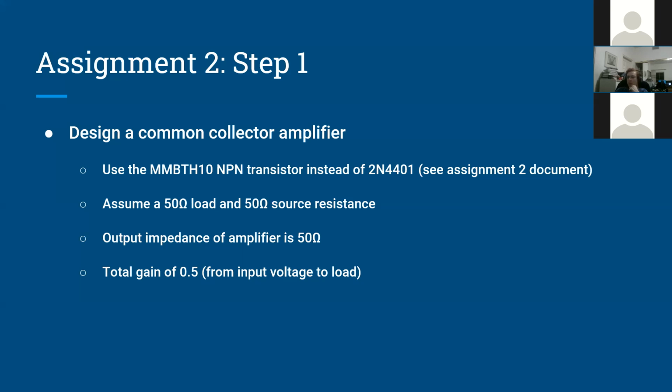The goal here is to choose the collector current of the amplifier and everything such that the output impedance of the amplifier is 50 ohms, which means that the total gain will be roughly 0.5. It'll be a little lower than 0.5, but it's about 0.5.